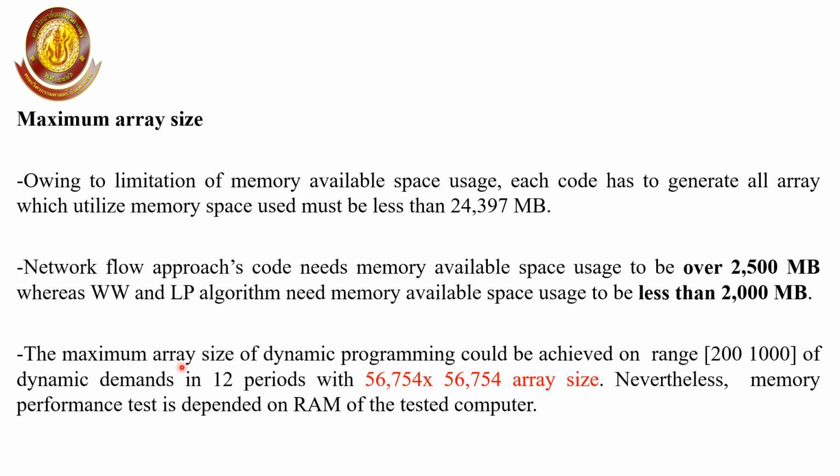The maximum array size of dynamic programming could be achieved at length 200 to 1,000 of dynamic demand in 12 periods, with 56,754 multiple array size. Nevertheless, the memory performance test depends on the RAM of the test computer.